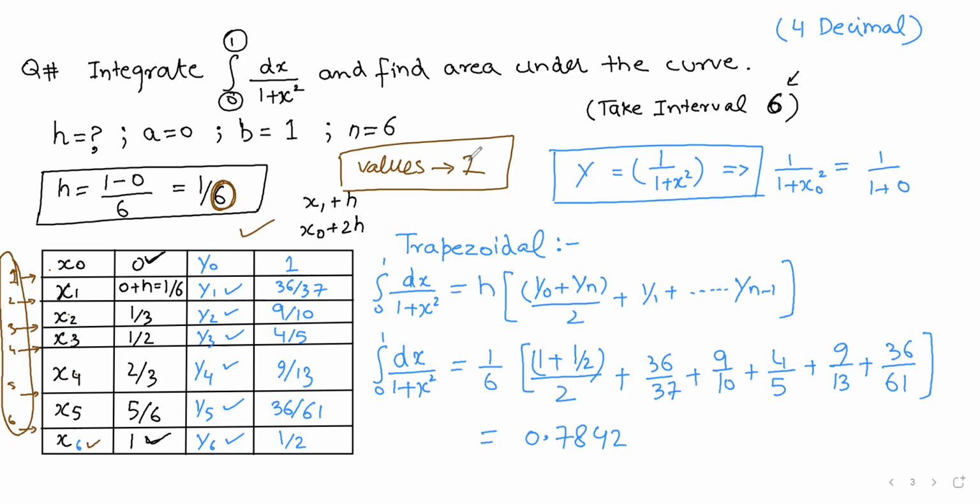So just make a rule: if the number of values is 7, for example 1, 2, 3, 4, 5, 6, 7, there are 7 values.